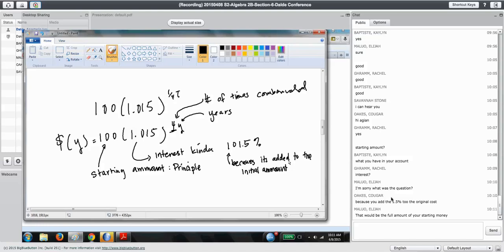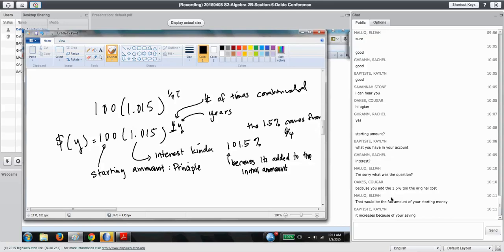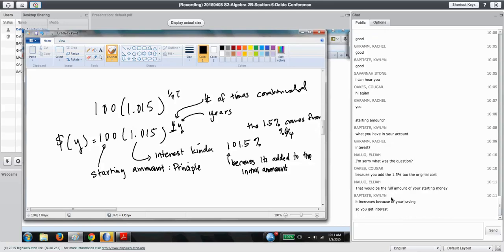Now, we didn't actually use 1.5%, we used 6%, but how did we get the number 1.015? Well, we took 6% divided by 4, right?